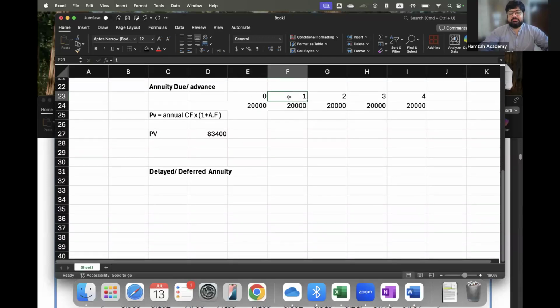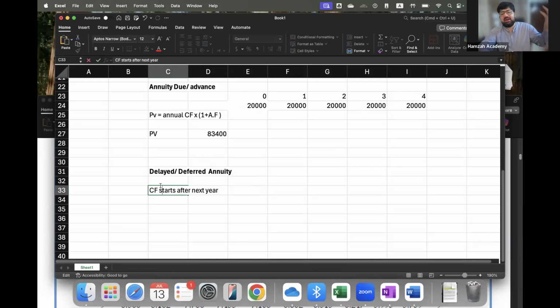The third type is delayed annuity, or deferred annuity. What is it? Delayed annuity is the case where cash flow starts after next year, after year 1, in any year. Here in annuity due, cash flow starts from now.